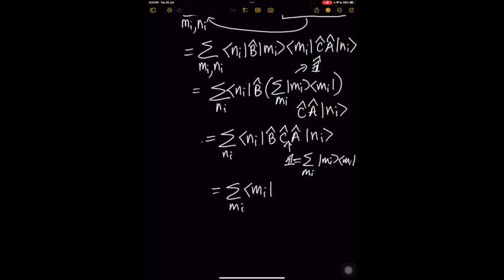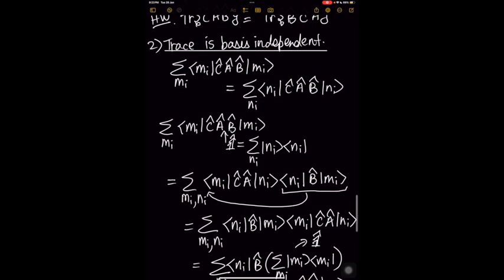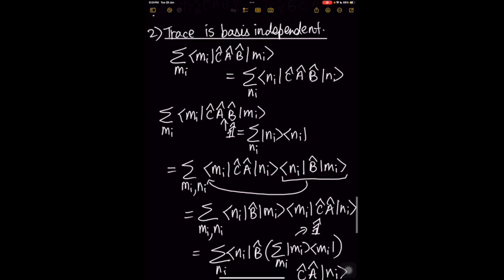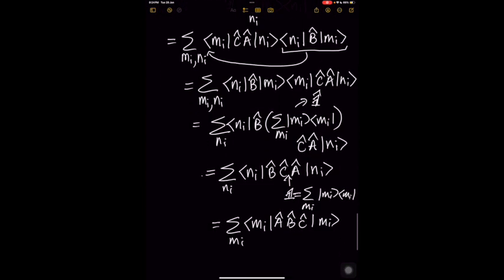Ket m sub I times, so then this will come here, a hat, b hat, c hat times bra m sub I. So we started off with bra m sub I, c hat, a hat, b hat.